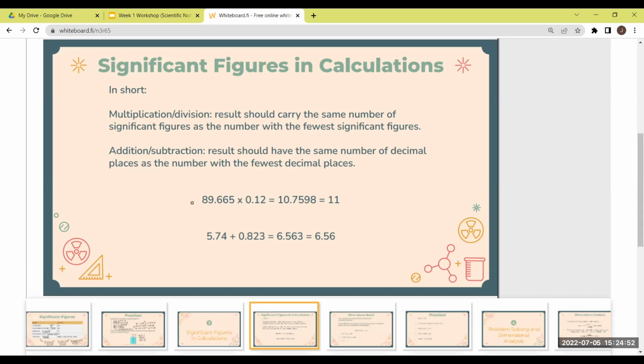So in this first example, we have 89.665 times 0.12. I'm just going to write, this has 5 significant figures here. 0.12 has 2 significant figures. And then I'm just going to punch this into my calculator to make sure that the calculation is correct.